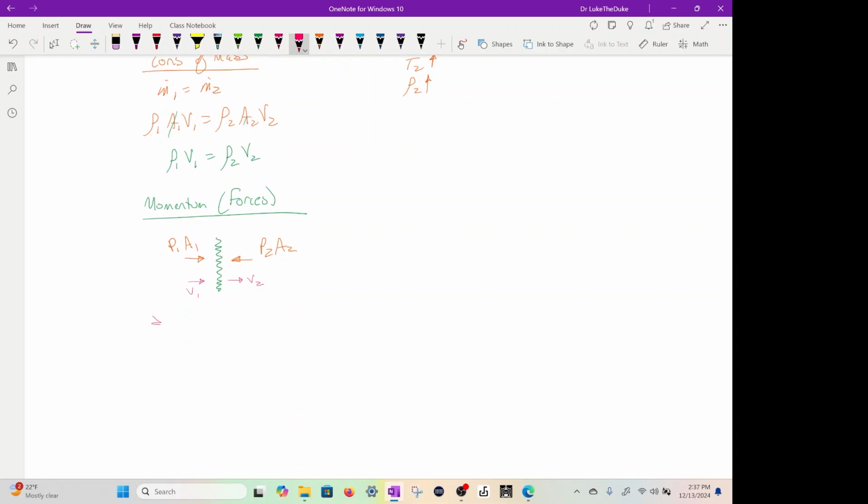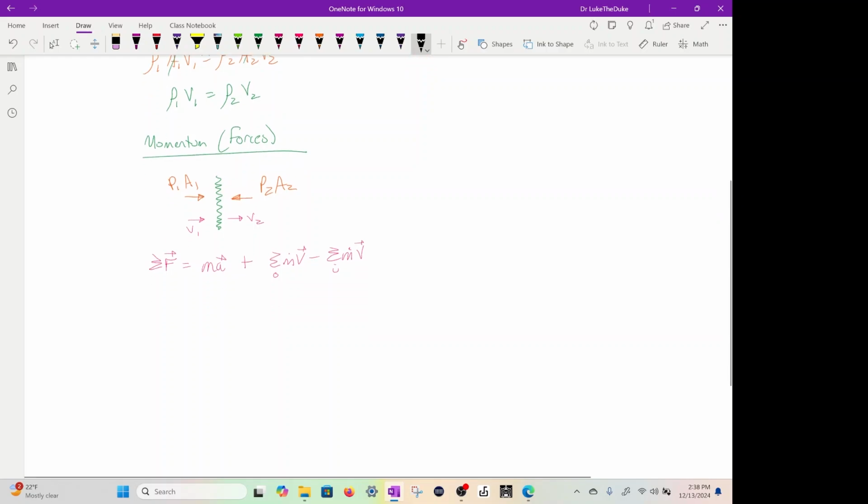So using the linear momentum equation, the sum of the forces equals MA plus the summation of M dot V out minus the summation of M dot V in. We can use that fundamental to show an equation that relates pressure to velocity.